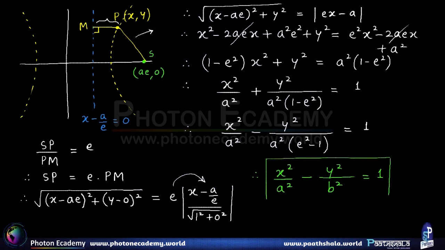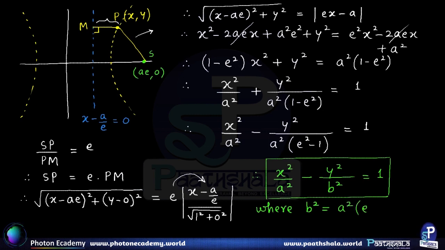Right, so that's the final equation of the hyperbola, and we know in this b square represents A square into e square minus 1. Right, so that's the equation of the standard hyperbola as shown.